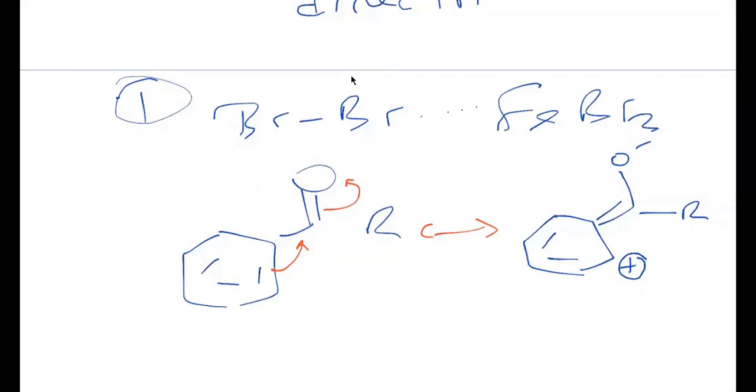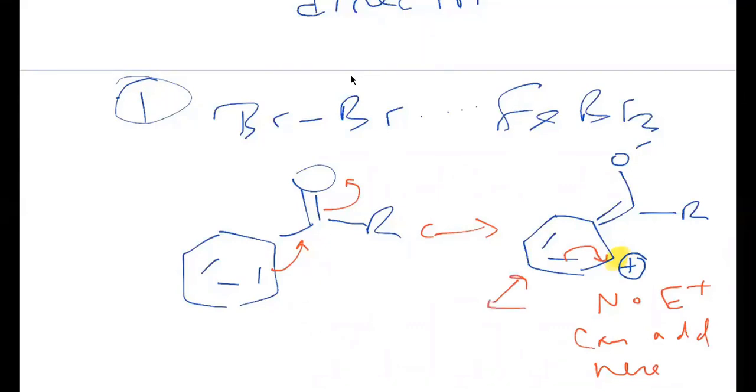So to answer this question, if the ortho site is positive, can I add an electrophile there? No, I cannot. No electrophiles can come here, because in order to add an electrophile, you've got to give it some electrons. Is that right? So then if I draw the next resonance form, where I shift that pi bond over, that's going to look like this, isn't it?